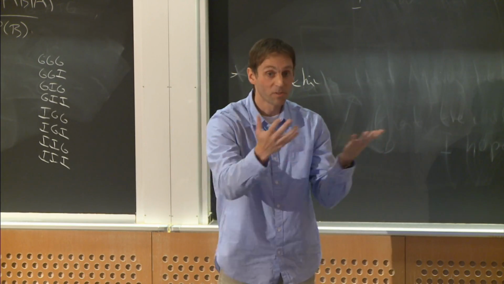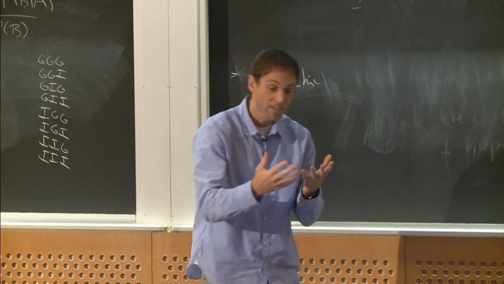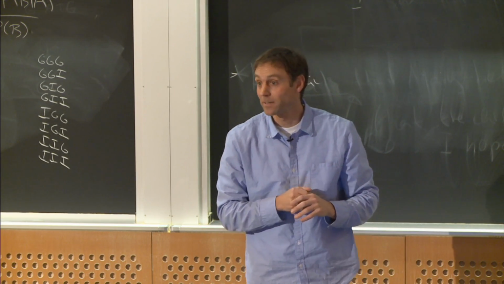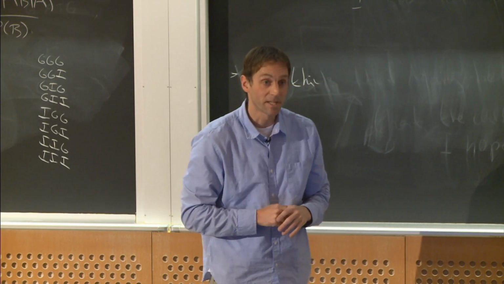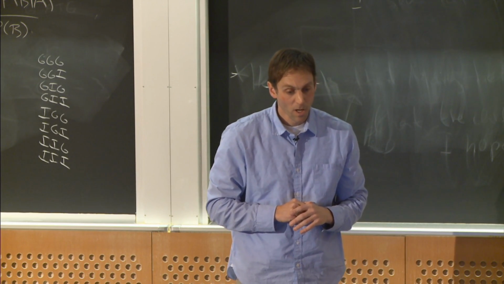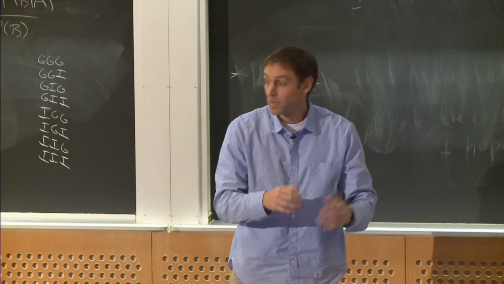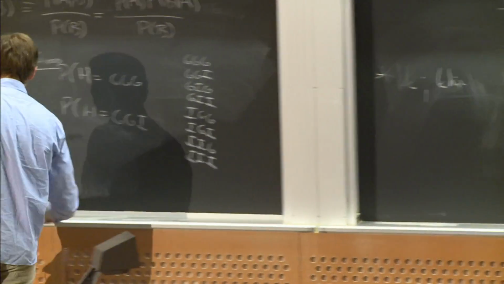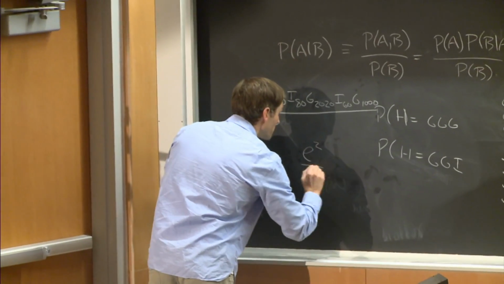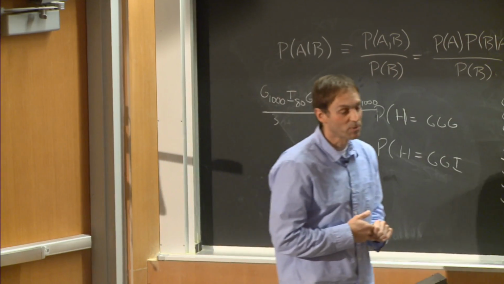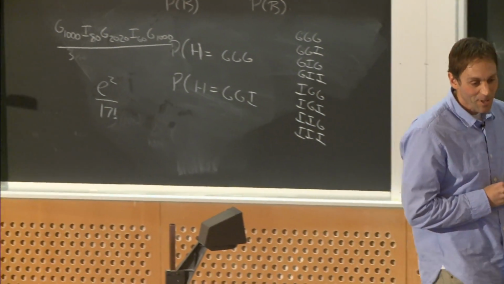Hopefully this will be a useful studying exercise to figure out what's most important and write it down on a piece of paper if you are likely to forget it. Maybe complicated equations, things like that. No calculators or other electronic aids, but you won't need them. If you get an answer that's e squared over 17 factorial, you're not asked to convert that into a decimal, okay? Just leave it like that.